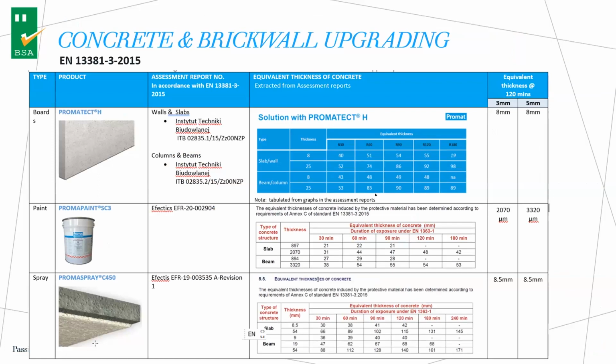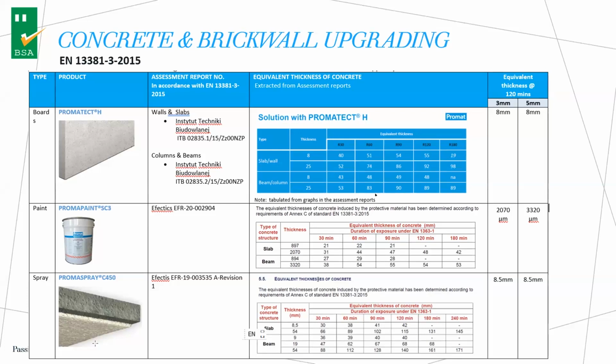But if you have an old building, the concrete cover may not be enough. So the European standard has a way of testing and collecting the data to tell you, using different methods, using a board material, a paint material, or spray material, right, to make up for the shortage of the concrete cover.